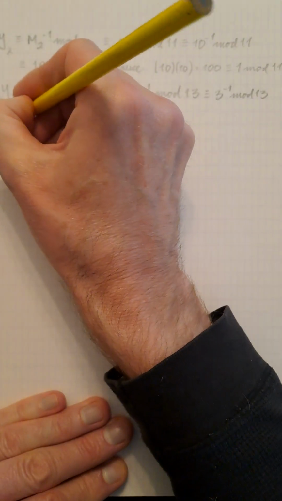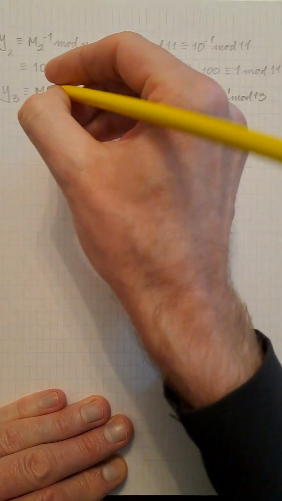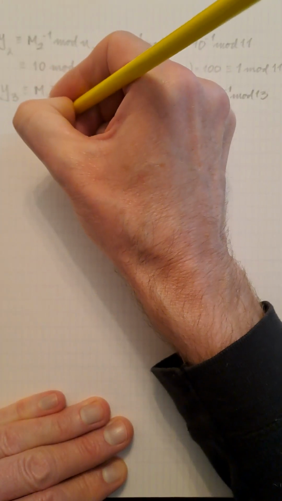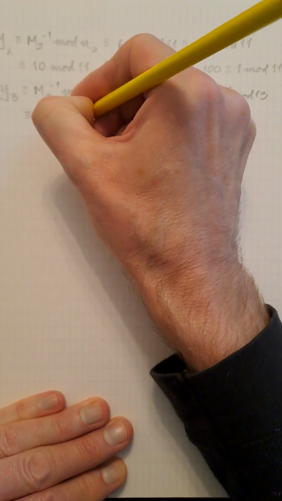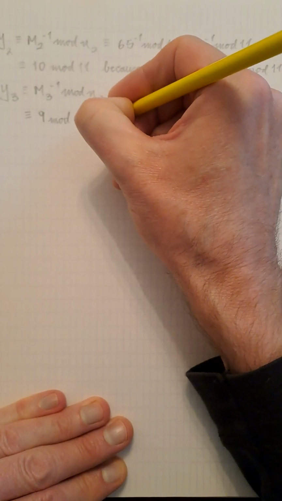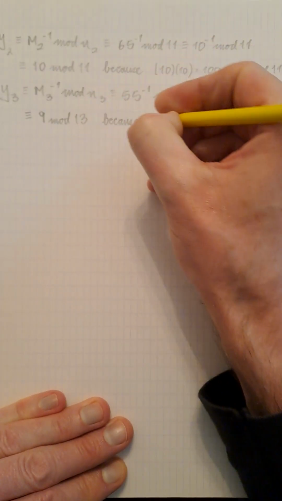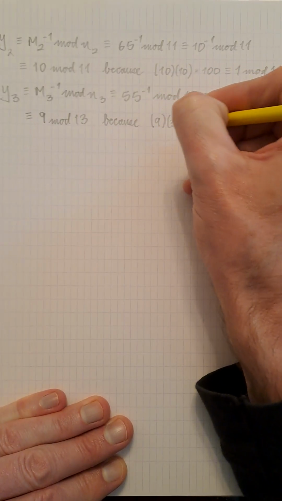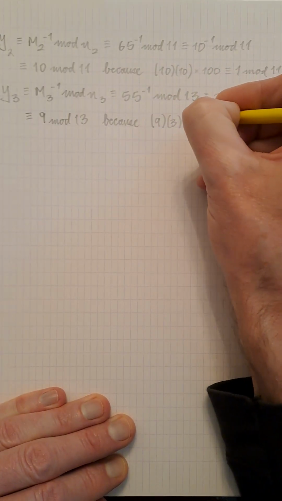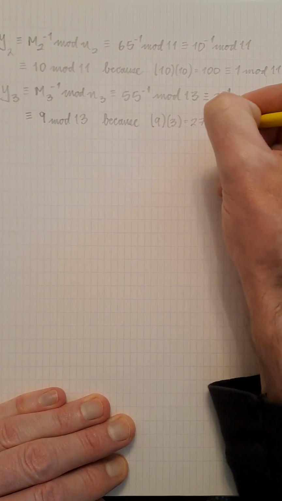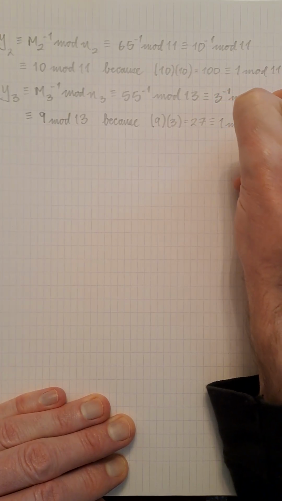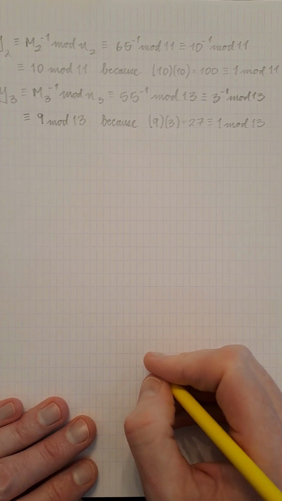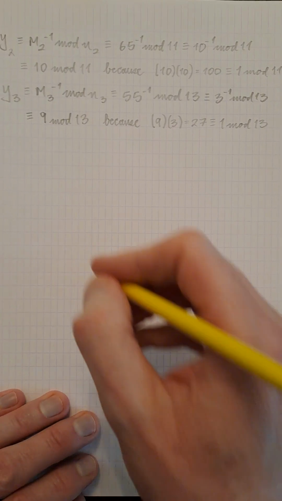And once more, we can see an answer relatively simply. That is congruent to 9 mod 13, because 9 multiplied by 3 equals 27. That's 26 plus 1. So that is congruent to 1 mod 13. So we have the values that we need to construct our solution then.